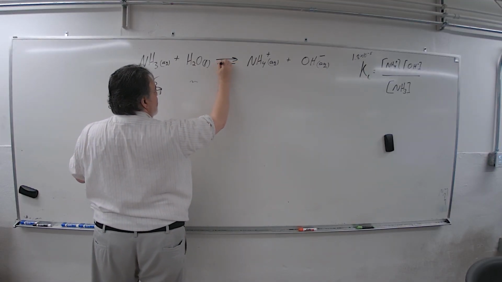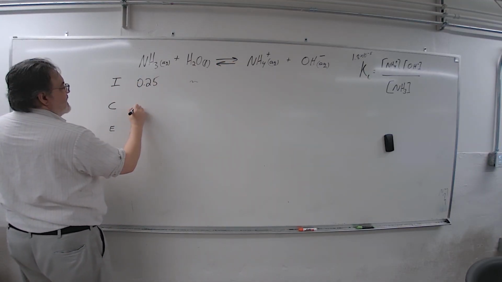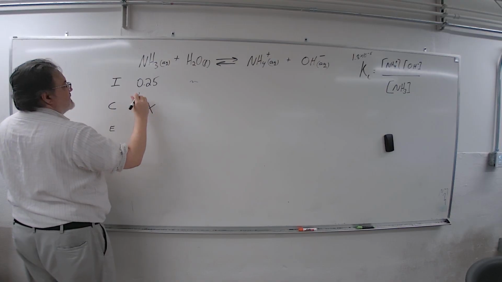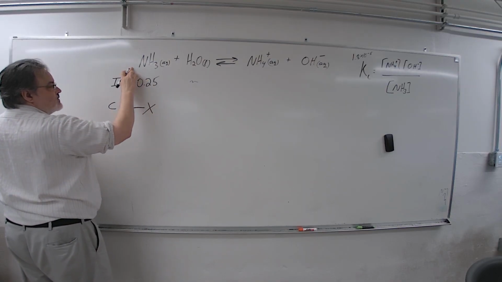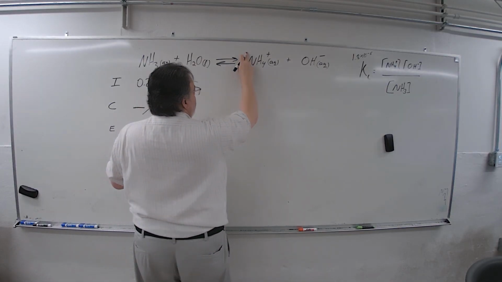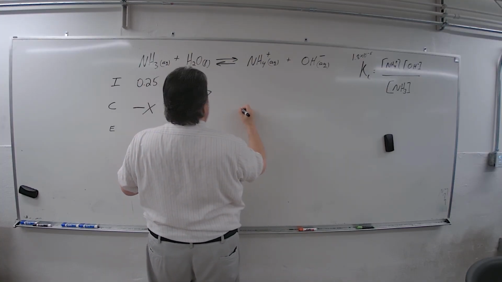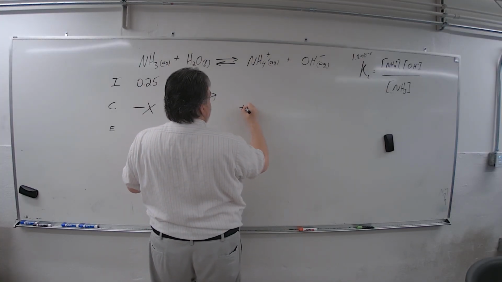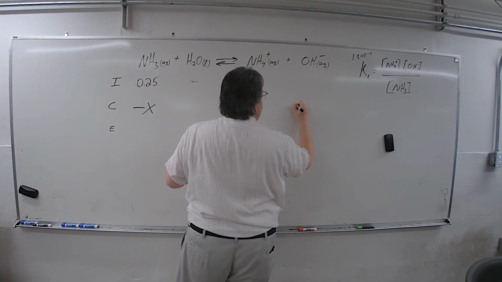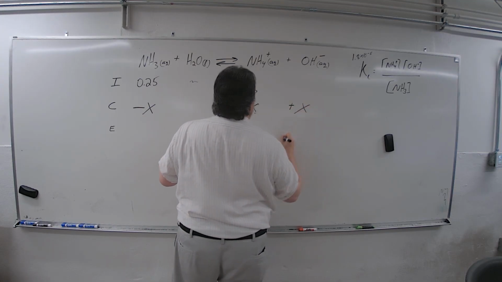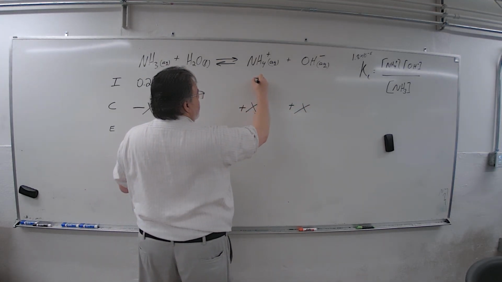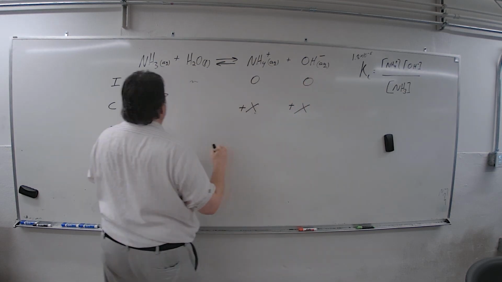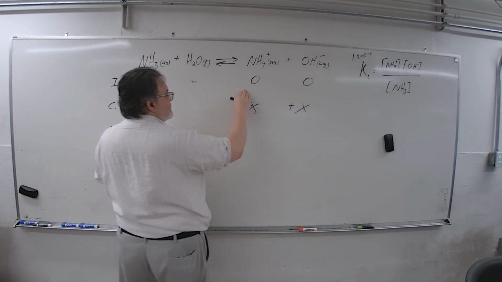I should have a double arrow. So this is negative x, or 1x, because there's sort of a 1 there. There's sort of a 1 there and sort of a 1 there. So 1x, and this is going to be plus x, and this one is going to be plus x. And these started at 0. Their initial was 0. So initial 0.25, initial 0, 0.